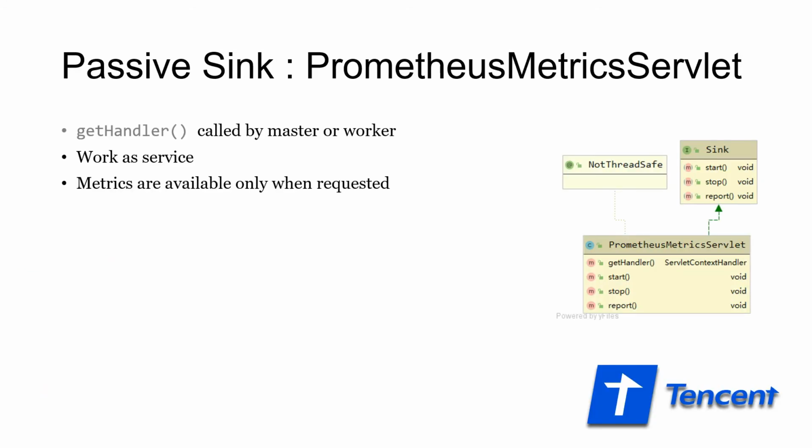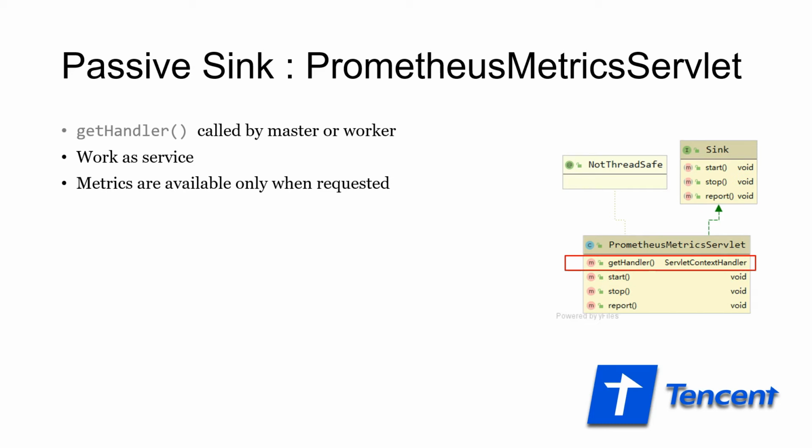So this is the console sink. Next is the Prometheus sink. The Prometheus sink works in a totally different way. There's no scheduled reporter to report the metrics, so we need to get the metrics by ourselves. The passive sink needs to implement a get handler method, so the master and the worker process can start it.